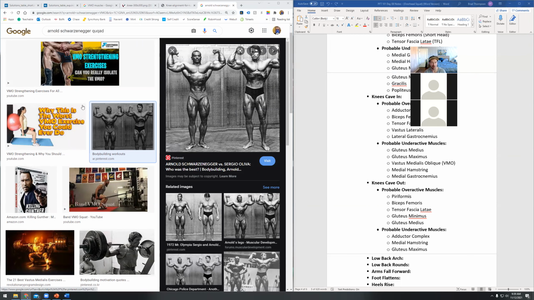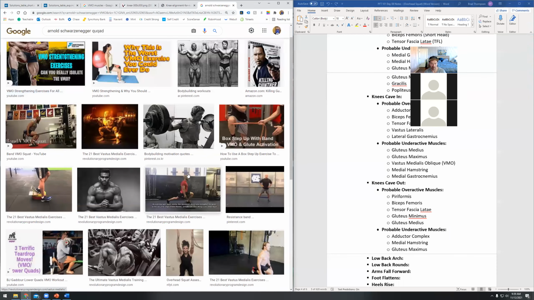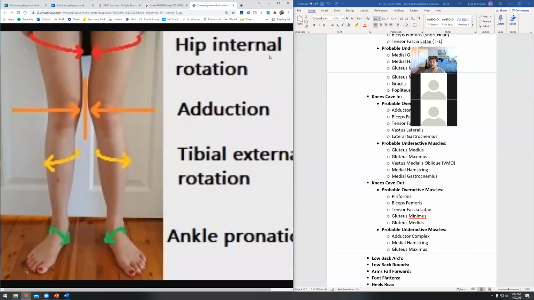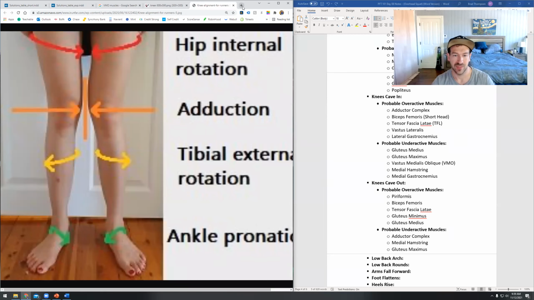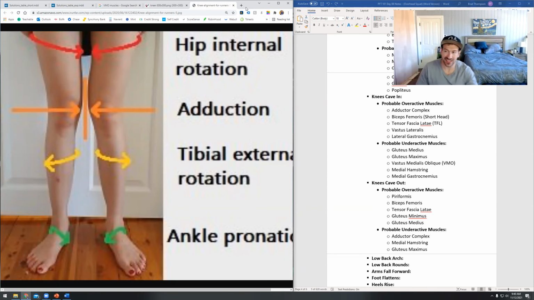Huge teardrop muscle, right? There's another really good one. You know who else had a really good one? Batista. Oh, I could see that. Yeah, I believe that. Kickers and soccer players have a great VMO.